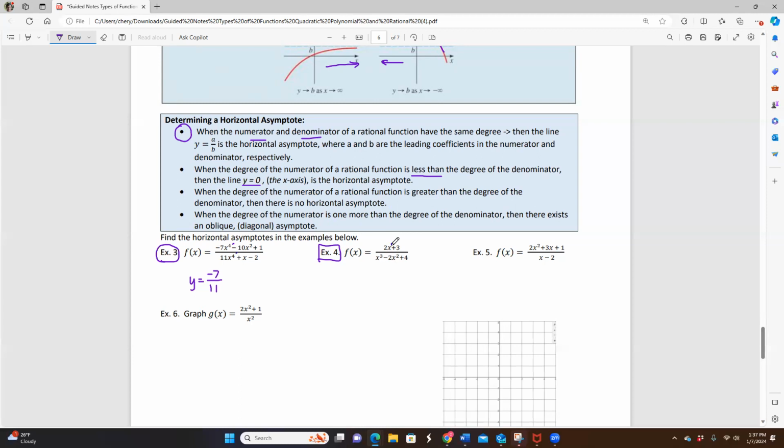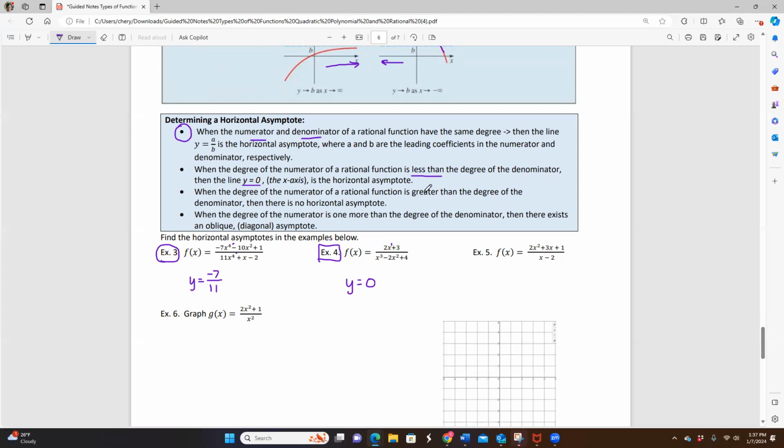So my lead term in my numerator has a degree of 1, and my lead term in the denominator has a degree of 3. Since 1 is smaller than 3, this tells us when the degree of the numerator is less than the degree of the denominator, the line y equals 0 is the horizontal asymptote. That's what's going on here. So y equals 0 is my horizontal asymptote.